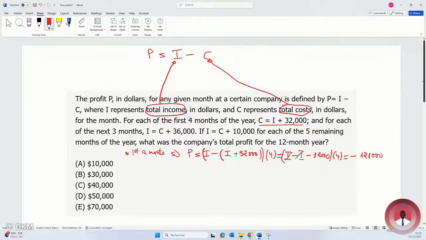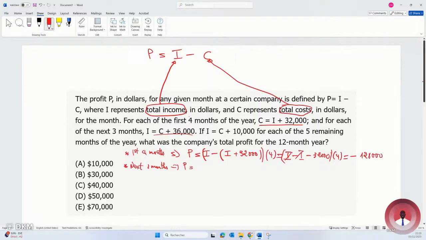For each of the next 3 months, I is equal to C plus 36,000. So we are going to do the same. We say next 3 months, we will use the formula.